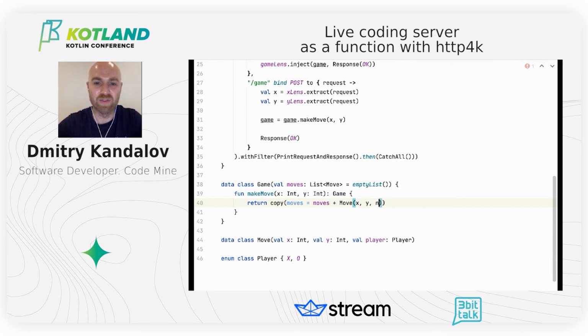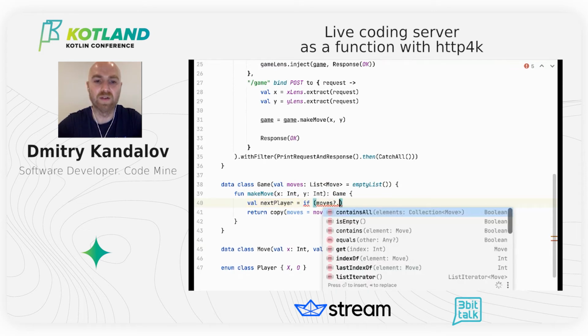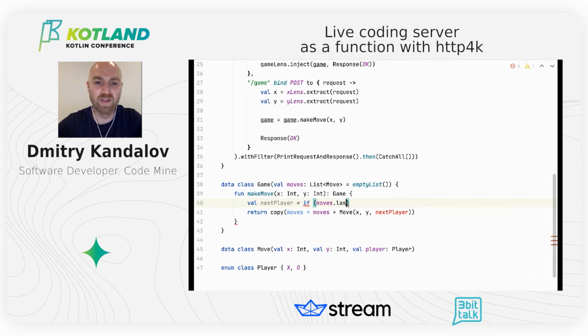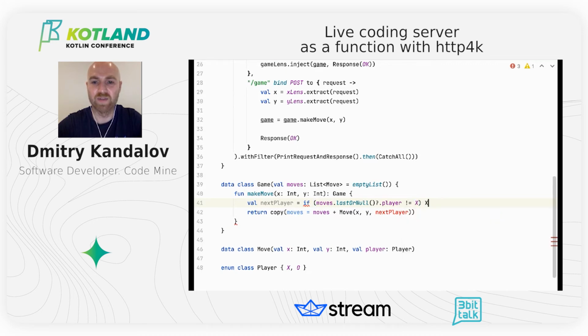And then all we want is to determine the next player, which is not too hard to do because we can check the moves, last or null, so we look at the last move, and we can take a player from the move, and if this is not player X, then it can be null or player O. So in this case, the next player is X, otherwise it's O. So let's try that and see how that works.